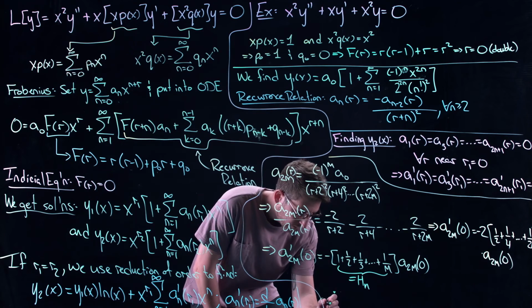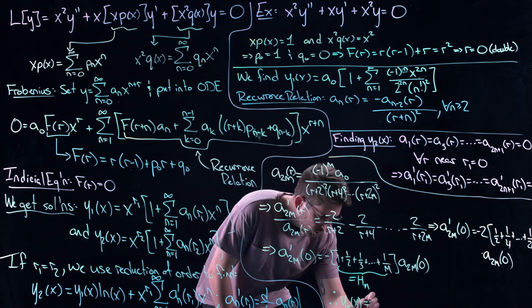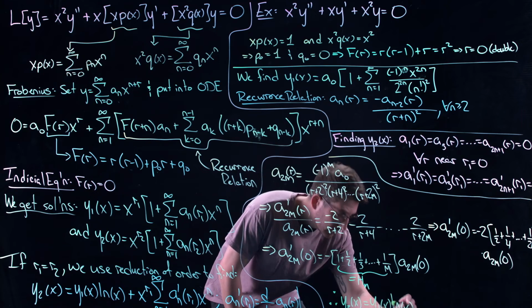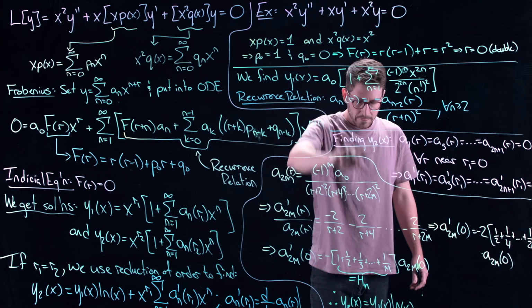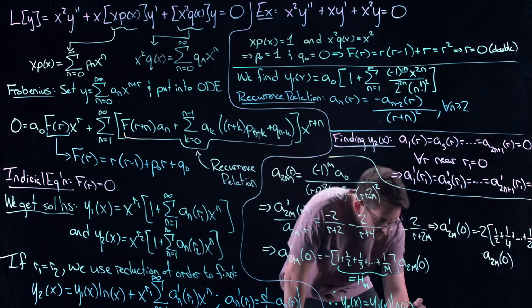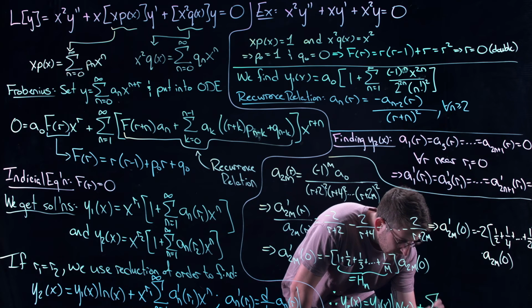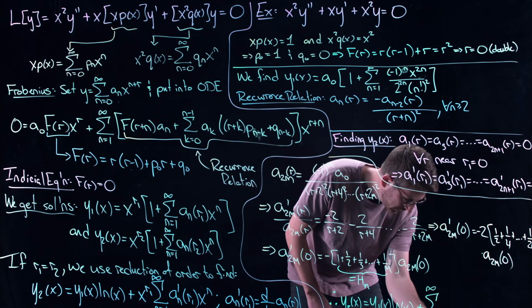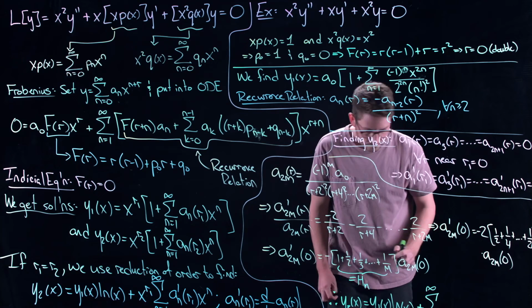And therefore, y2 of x is equal to y1 of x. I don't want to have to write it again. It's written right here for you. And then plus, now we get a big ugly sum, n equal 1 to infinity.